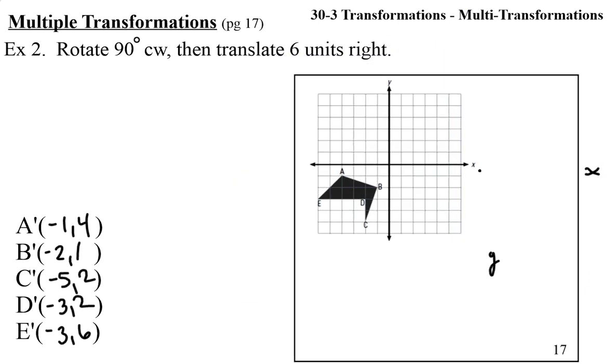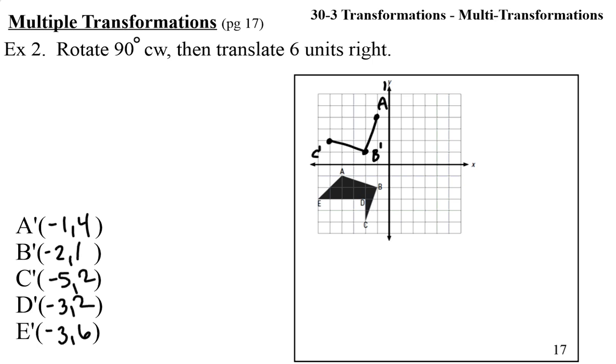Now I go back to what the original graph looks like, and I plot these points. -1, 4. There's my A. And my B's at -2 and 1. So there's A prime, there's B prime. C prime, -5, 2. And I can just keep connecting these things together.